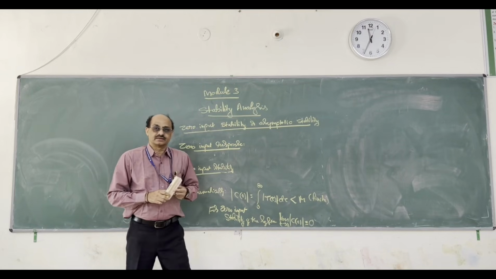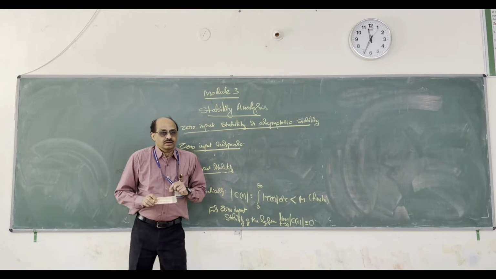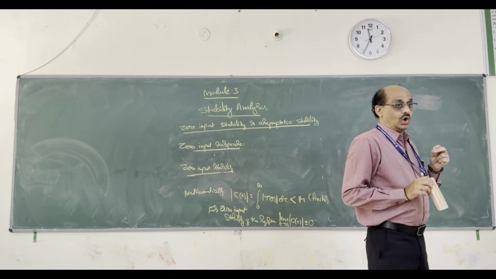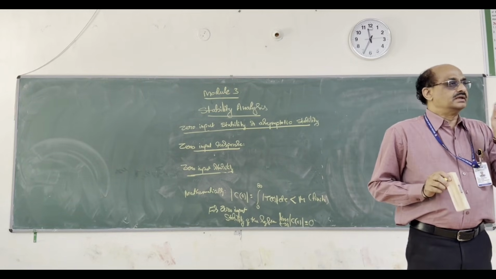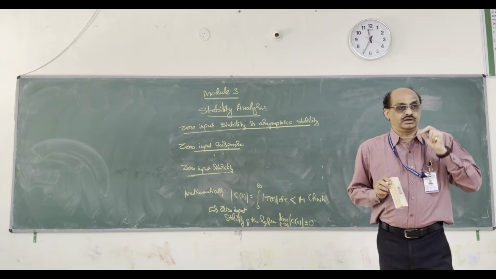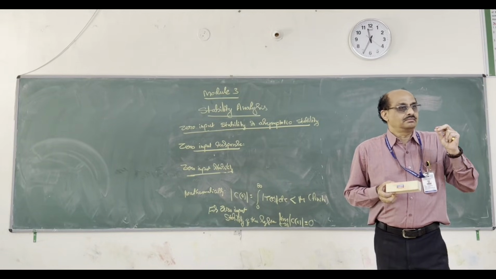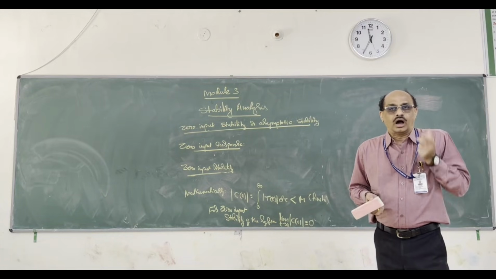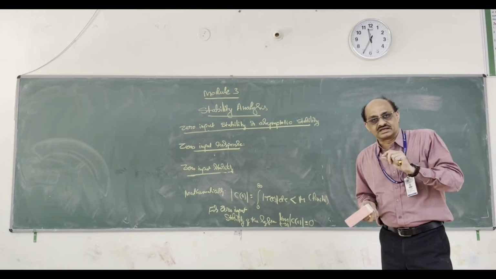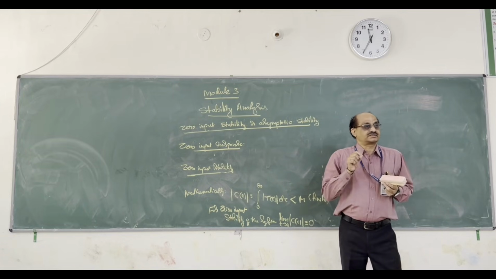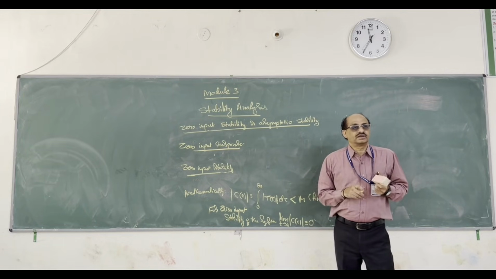Now, usually the stability is stated by locating the roots of the characteristic equation or the poles of the overall closed loop system in the S domain. So we locate the poles of the closed loop transfer function, or roots of the characteristic equation, which are nothing but poles, in the S domain to understand the stability of that system.